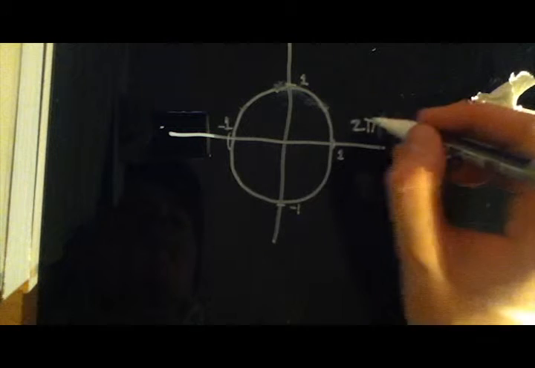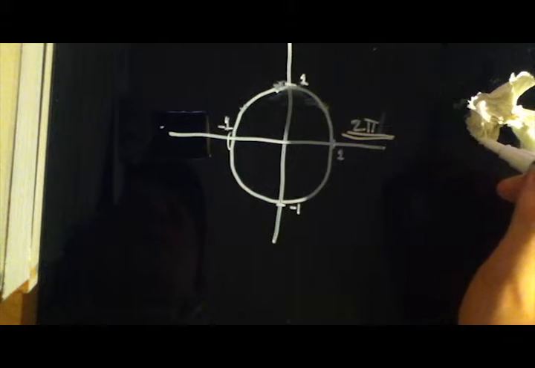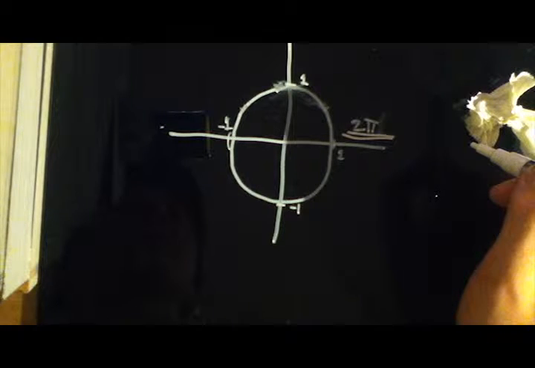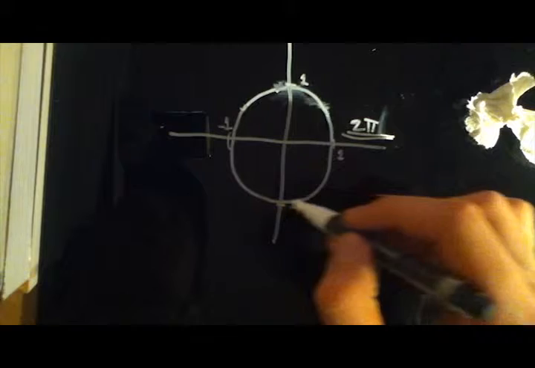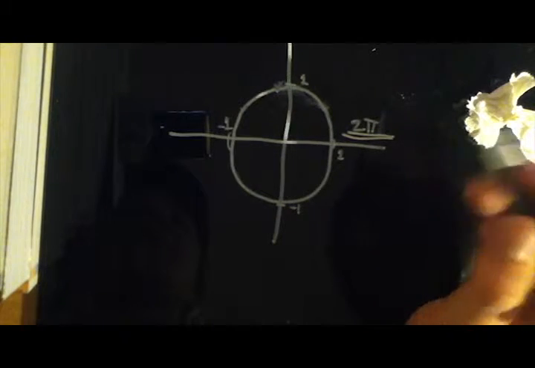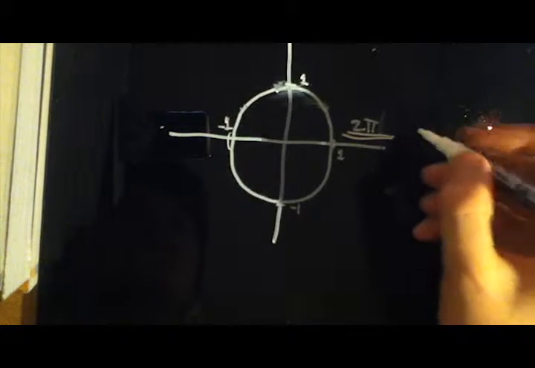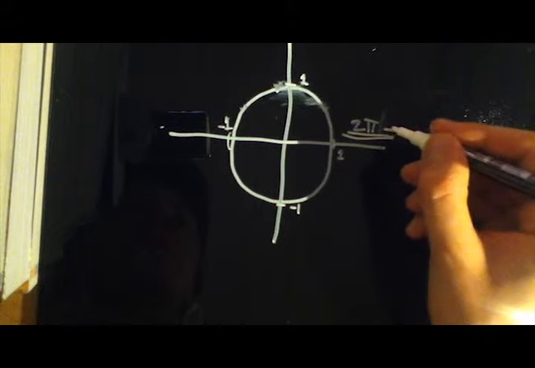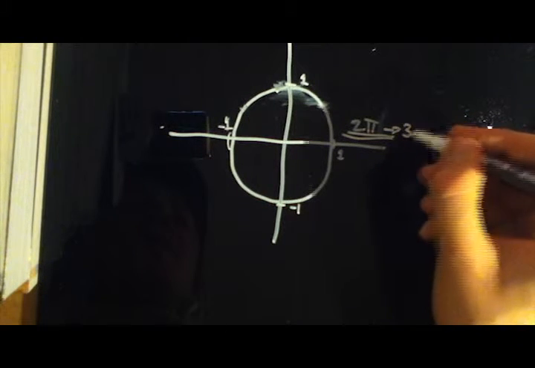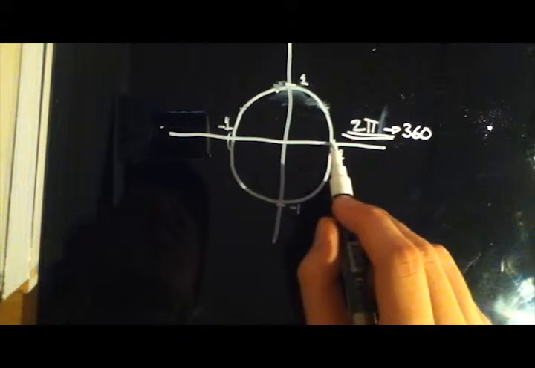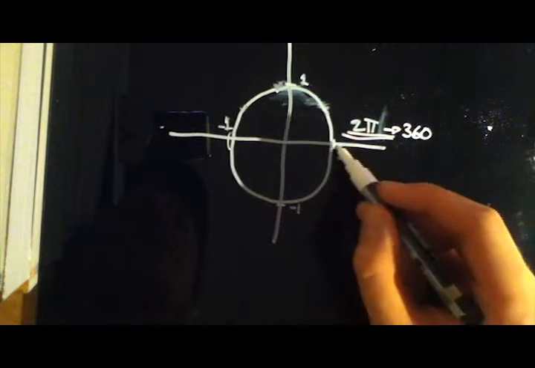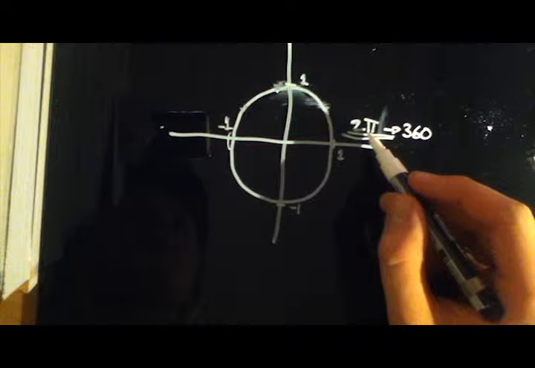Now pay attention, this is 360 degrees in radians. So radians is basically the circumference of a unit circle. So this 2 pi is equivalent to 360 degrees. Why? Because since this is a unit circle, the circumference of this whole circle is 2 pi.